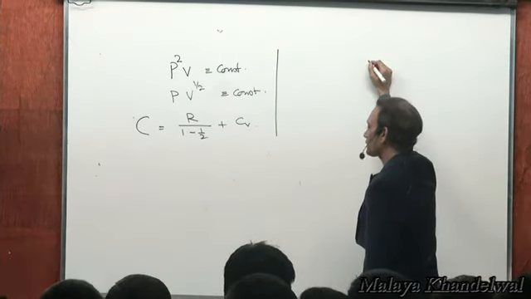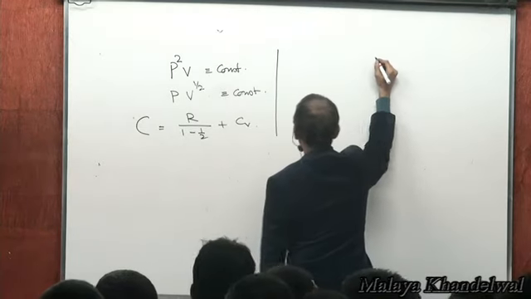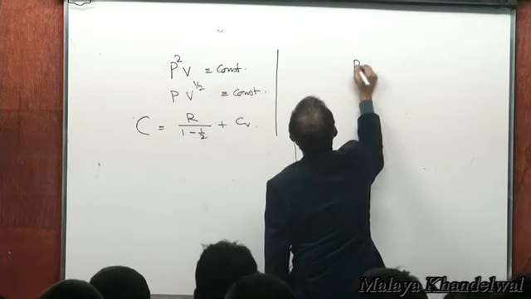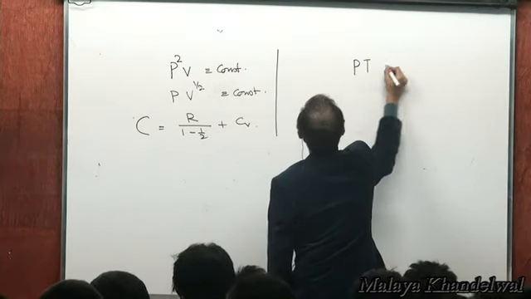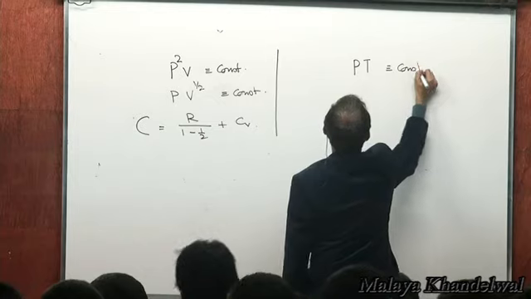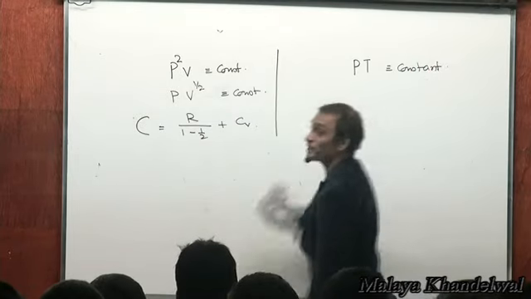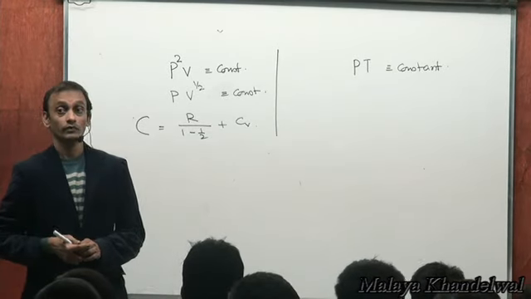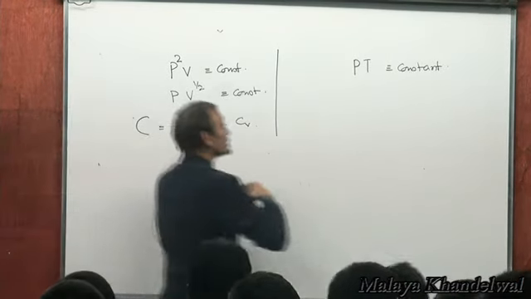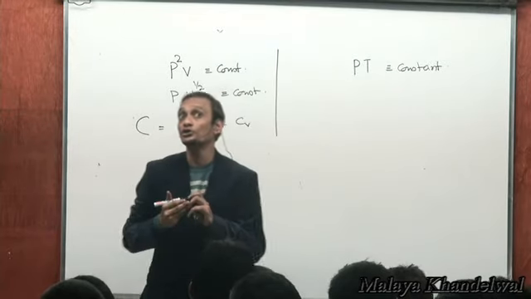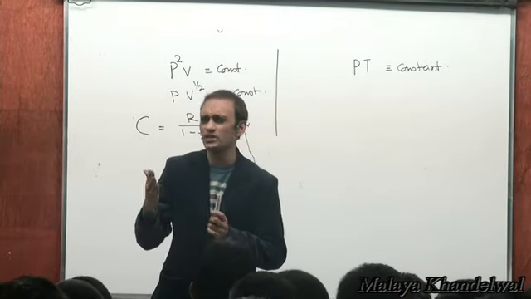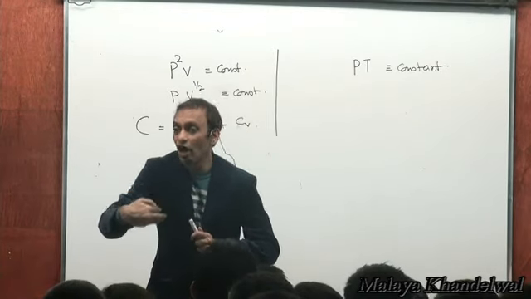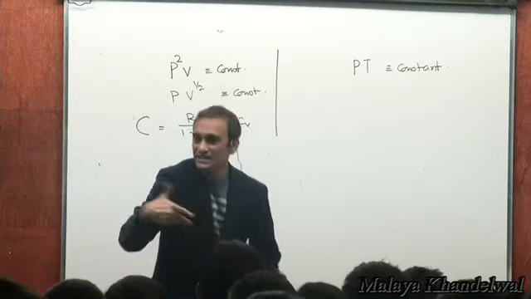Suppose they give you PT equal to constant. There is a process in which pressure into temperature remains constant. What you do is, in the polytropic process, the polytropic exponent is obtained by connecting pressure and volume. So eliminate temperature.